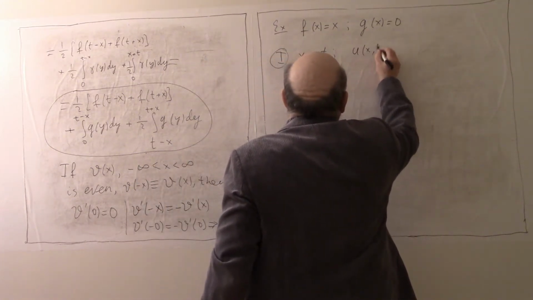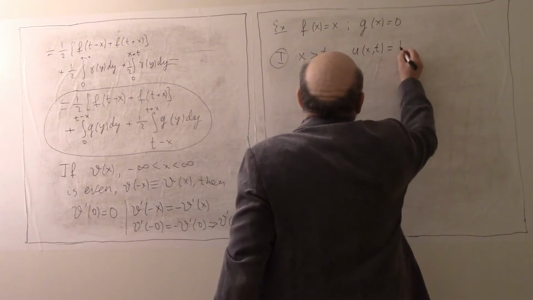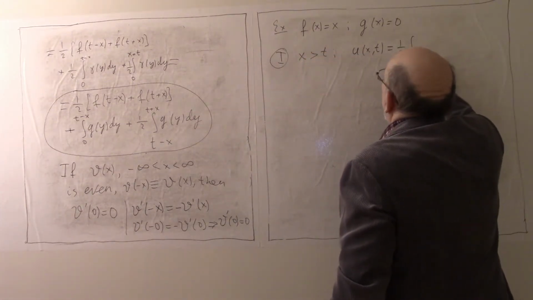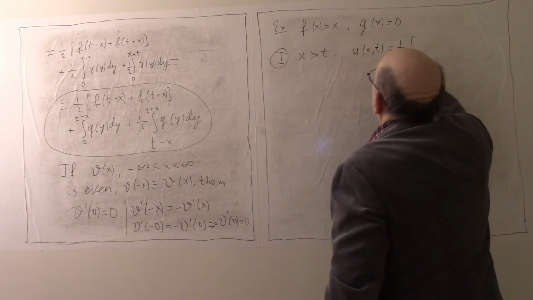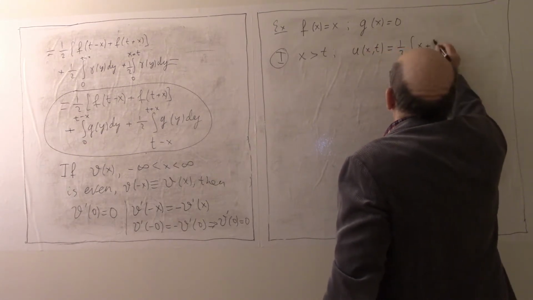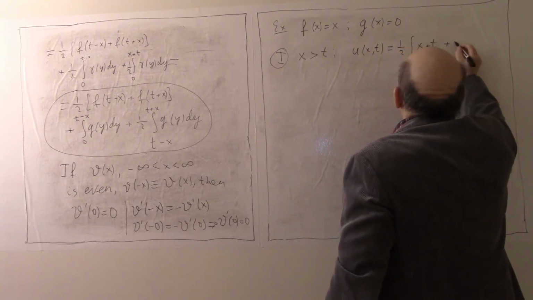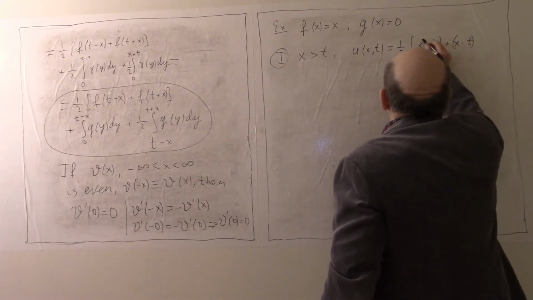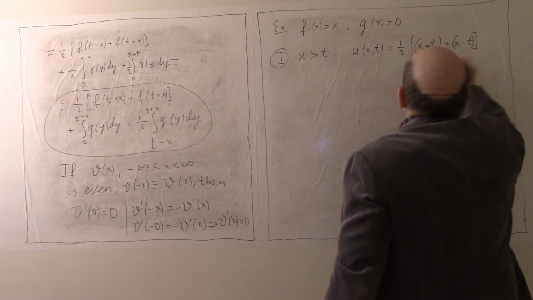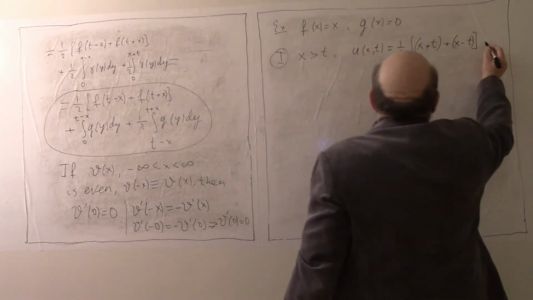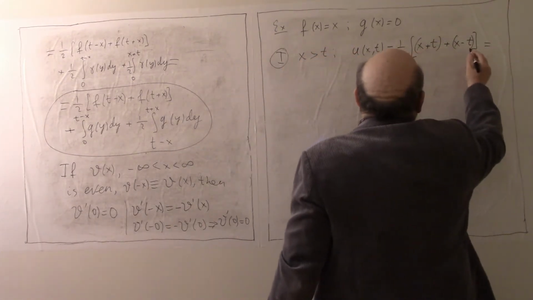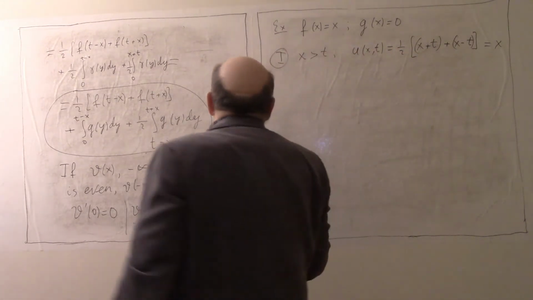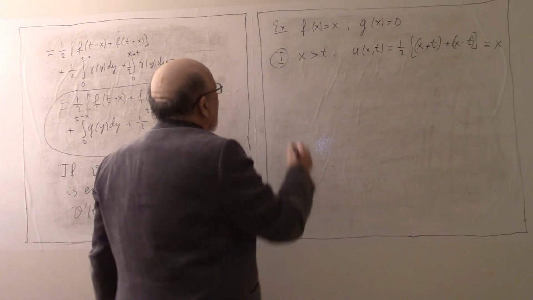U of x,t equals 1/2 f of x plus t plus f of x minus t, it is x plus t plus x minus t. Yeah? t cancels, it equals x. So in domain number 1 it is x.